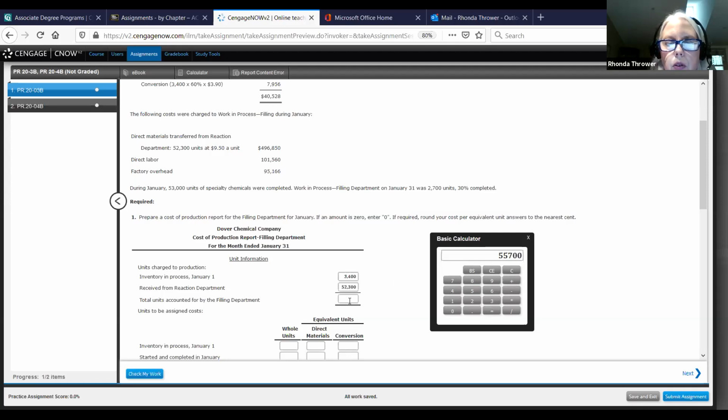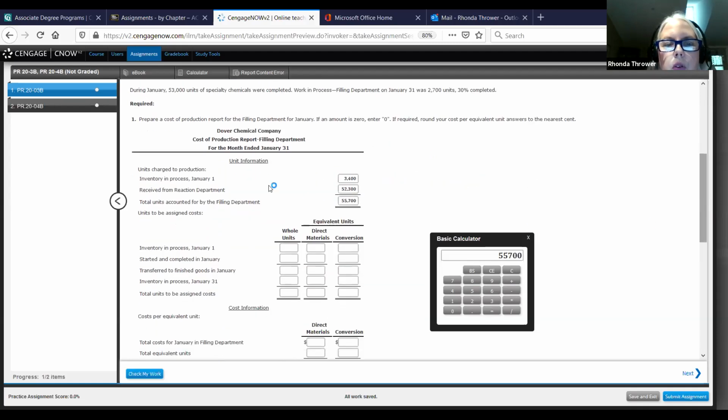And that's going to give us a total amount of 55,700. So this is the first part of the unit information that they wanted you to determine. These are your whole units here.